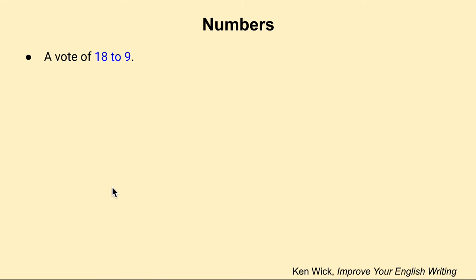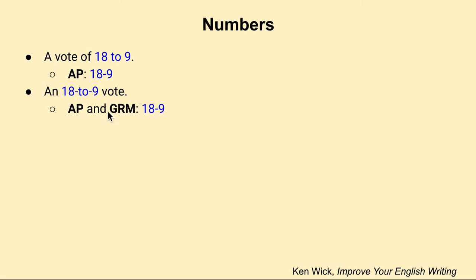More examples, a vote of 18-9. The AP would write 18-9. In an 18-9 vote, the AP and the Greg's reference manual would write 18-9 vote. Interesting.